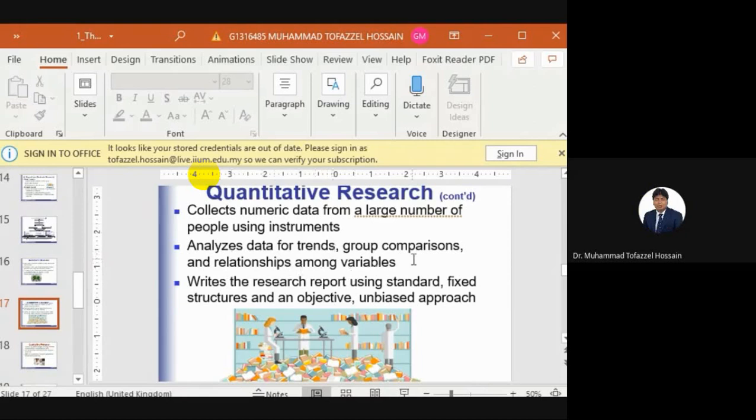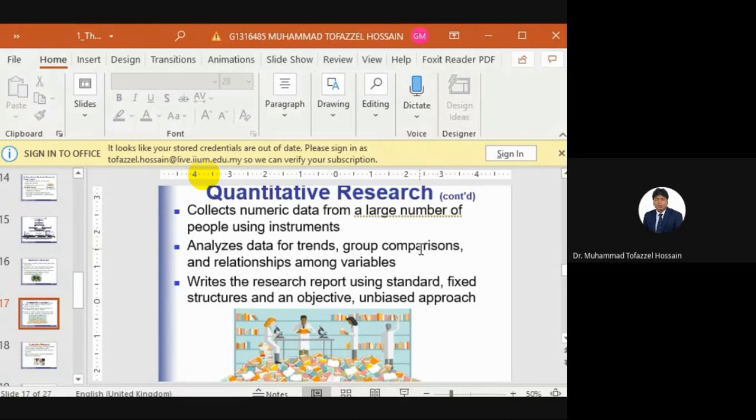Group comparison. So for example, is there any difference between boys and girls in terms of getting GPA 5, in terms of communicative competence? For example, you can conduct research.